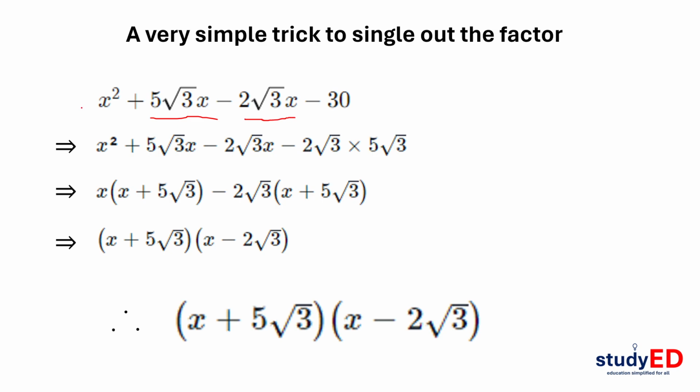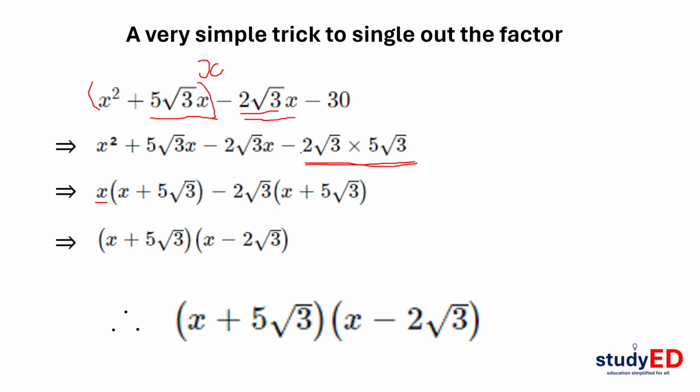You observe there's only one common in the first term, that's x. And then here, right, 30, since it's nothing but 2 root 3 into 5 root 3, which we already found out through the previous examples. Why don't we directly take out this 2 root 3 from these two terms? See, from these two terms, we managed to take out x.